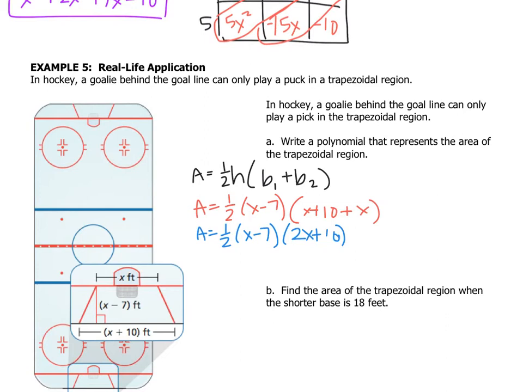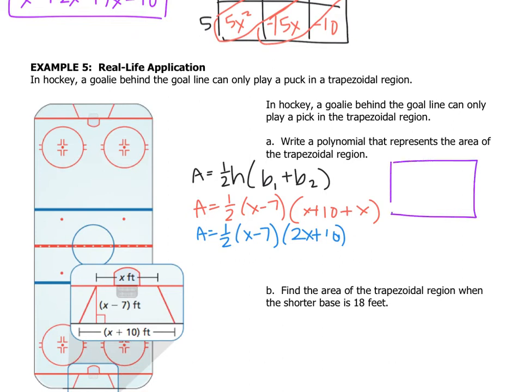Then what I'm going to do is my hard part first. I'm going to do these polynomials first, then I'll incorporate the 1/2. So let's make our area model. I like that. Some people like FOIL.